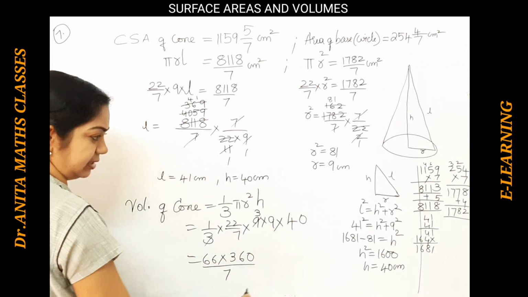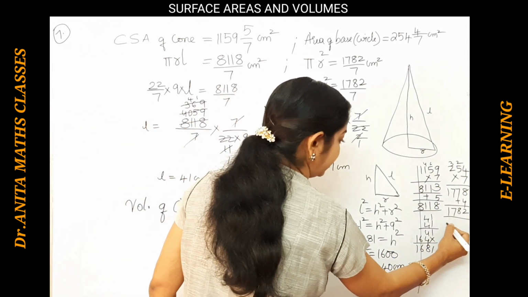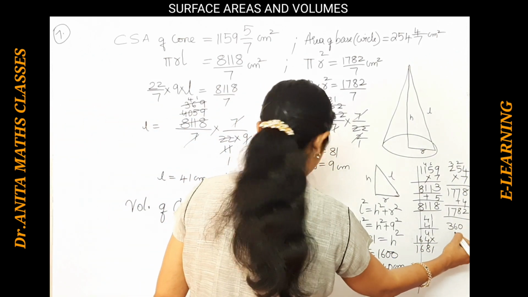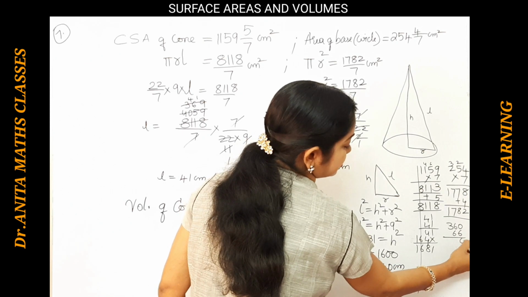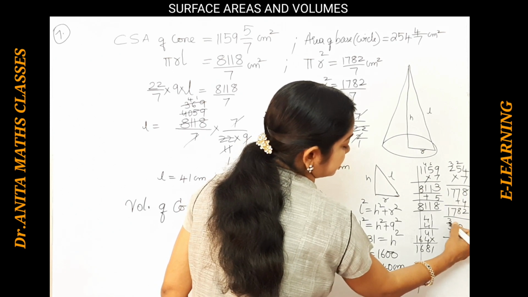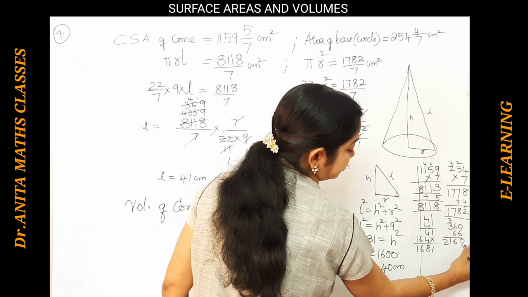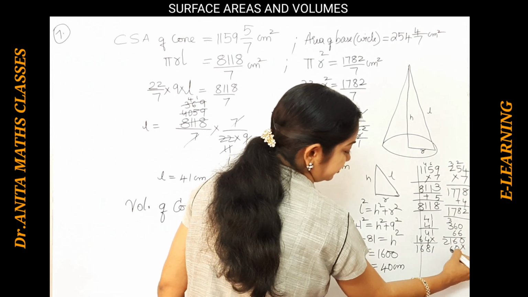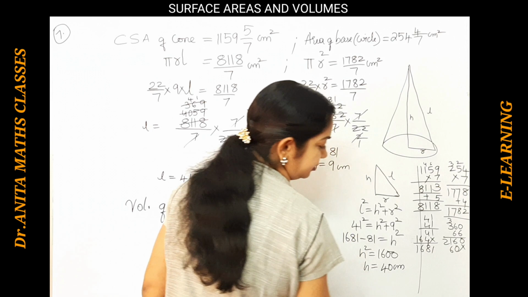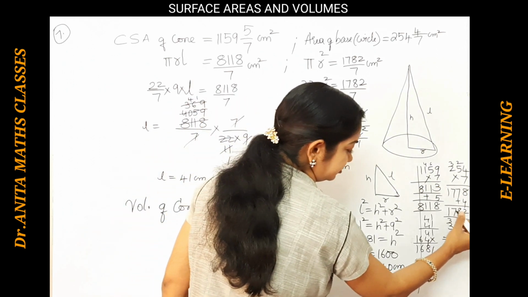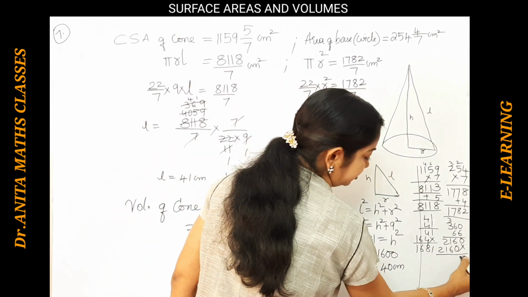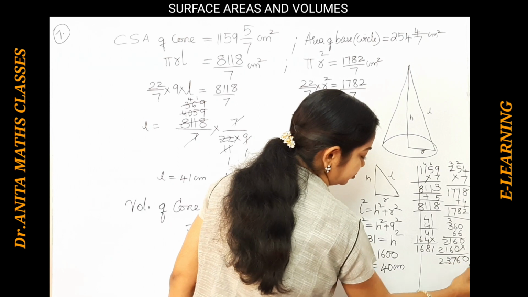Yes, so let me do the calculations here. 360 multiplied by 66. So 0, 6 6s 36, 6 3s 18, 19, 20, 21 here. So again 0, 36. So same thing, 0, 6, 7, 3, 2.